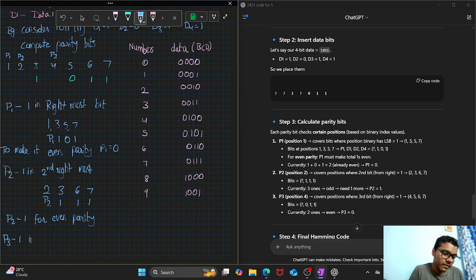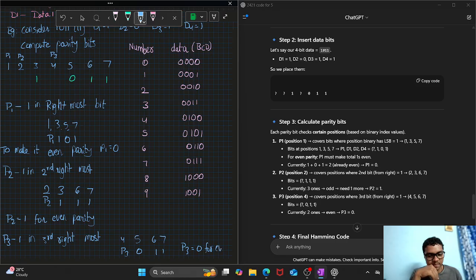P3: 1 in the third rightmost. You have 4, 5, 6, 7. So 4 is P3, and 5, 6, 7 are 0, 1, 1. So P3 is equal to 0 for even parity.